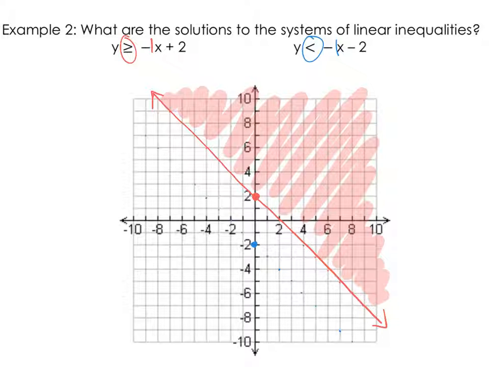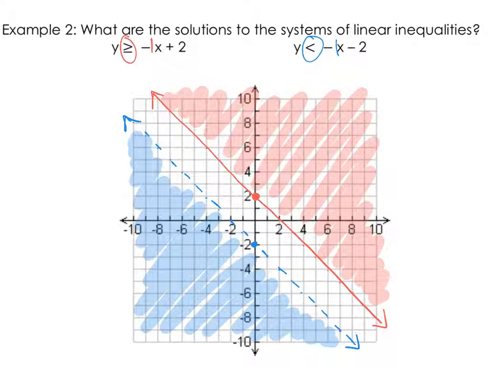And I can see that these two lines are parallel. Before I make my line, I need to look. My inequality was just less than. It was not equal to, so I'm going to have a dashed line. And now I need to shade. Since it was less than, I'm going to shade below my line.